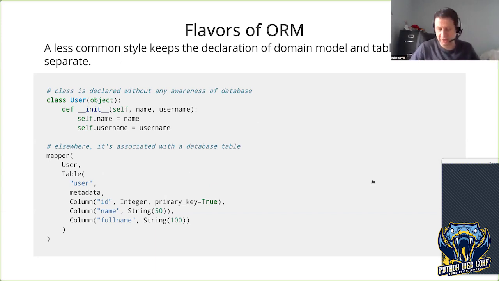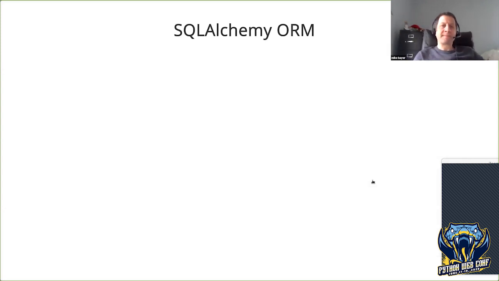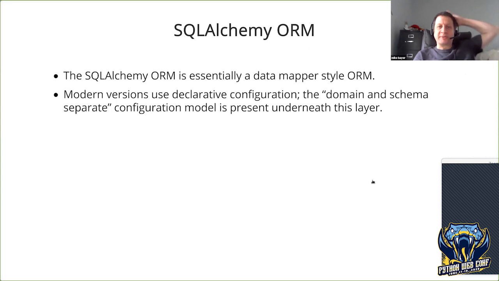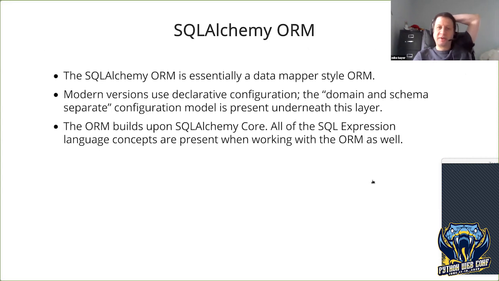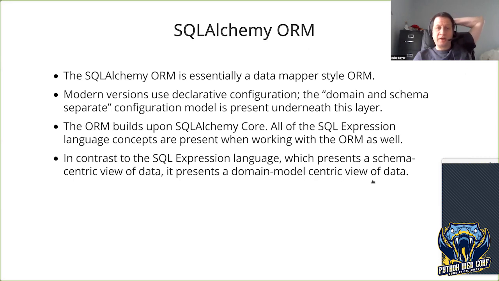You can still do that in SQLAlchemy, although there's really not much reason to. So SQLAlchemy ORM is a data mapper. Modern versions use declarative configuration. The ORM builds upon SQLAlchemy Core. The SQL Expression Language presents a schema-centric view of data, while the ORM presents a domain model-centric view.